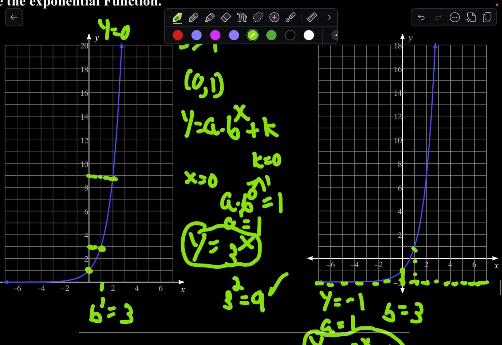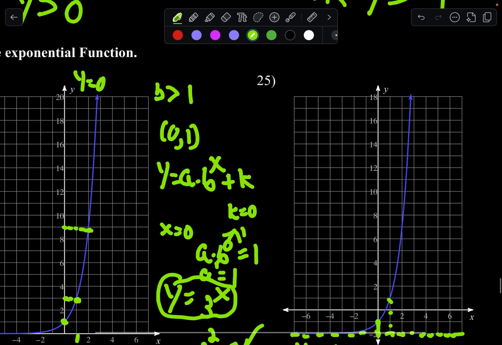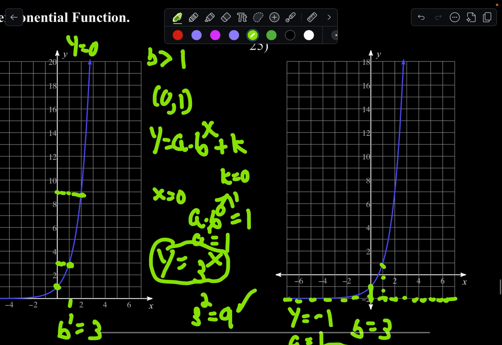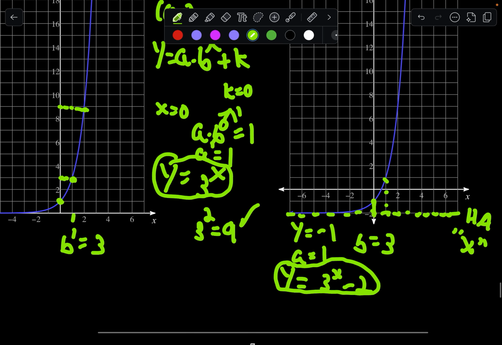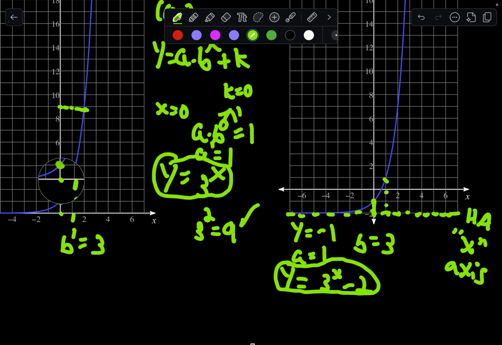Again, you basically treat the horizontal asymptote, which is this is the HA, as the x-axis for this graph. So instead of looking here, at x equals 0, we went up 1, right? Here at x equals 0, from the horizontal asymptote, we went up 1.